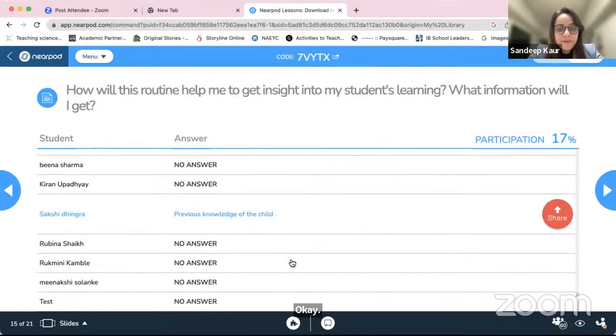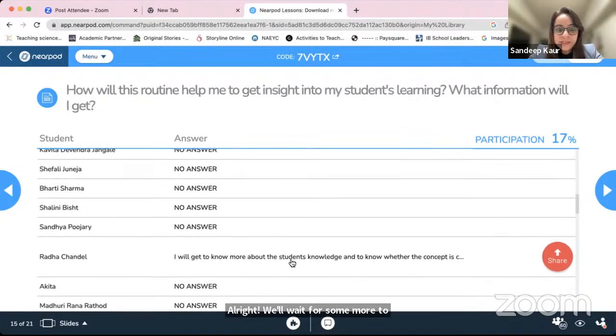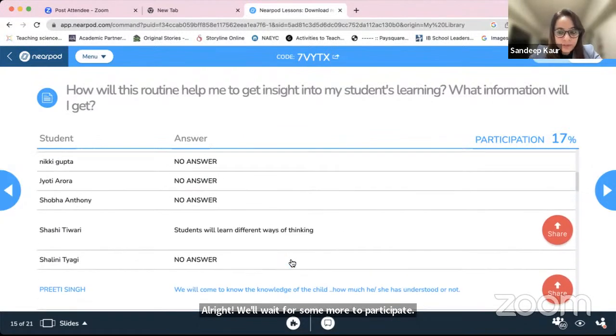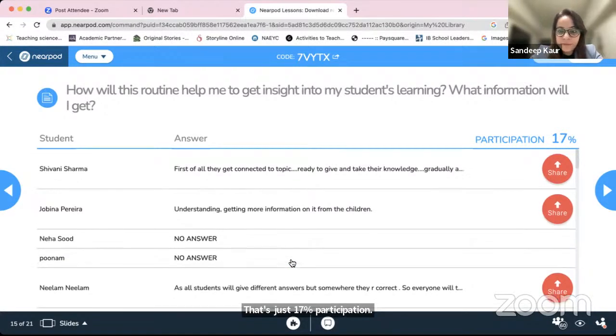All right, we'll wait for some more to participate. It's just 17% participation. Let's wait for a few more people to jump in.